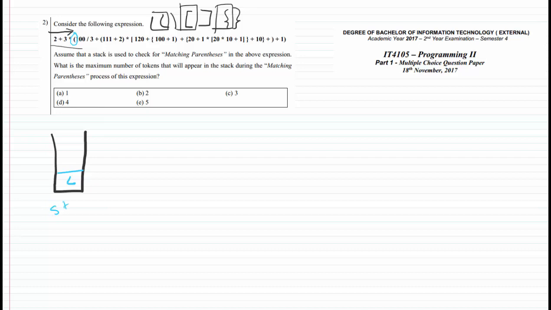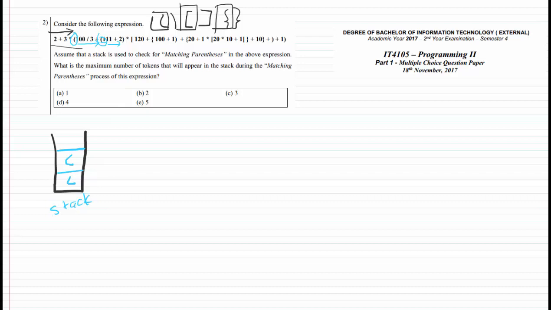So this is the stack, and then we move forward and encounter the second parenthesis, which is an open parenthesis again. That means we have to push that also to the stack. We move forward, and this one is also taken care of, and here we encounter a closing parenthesis.